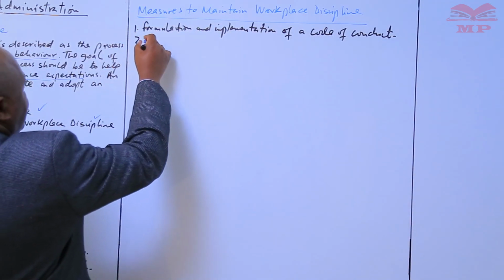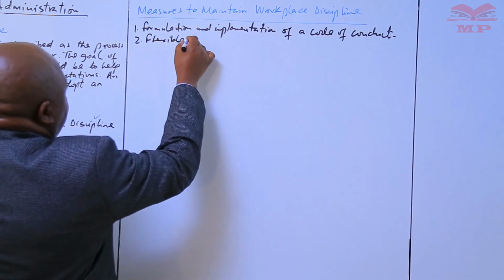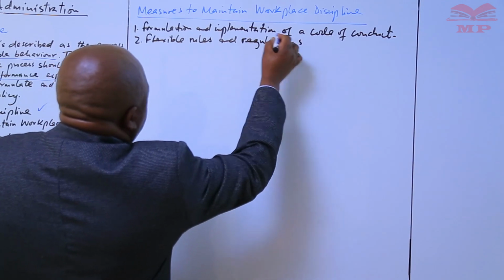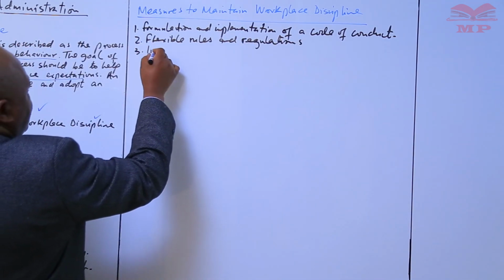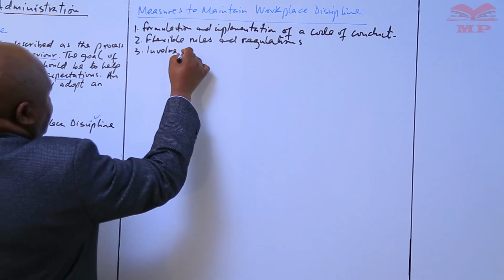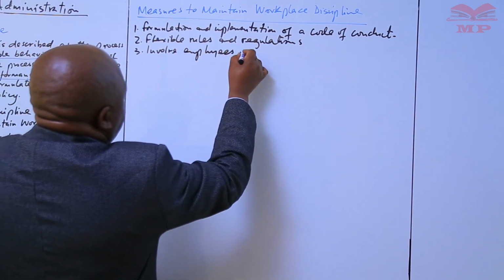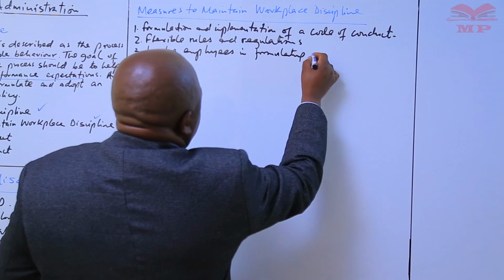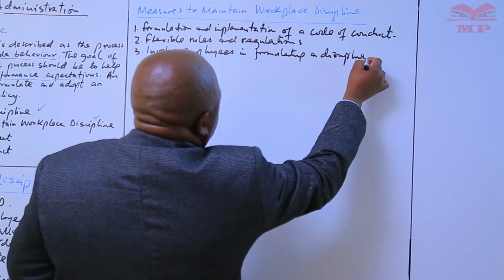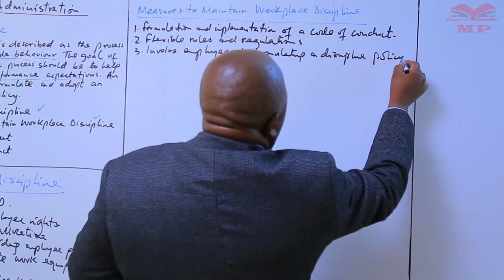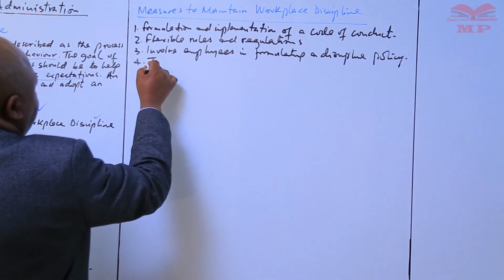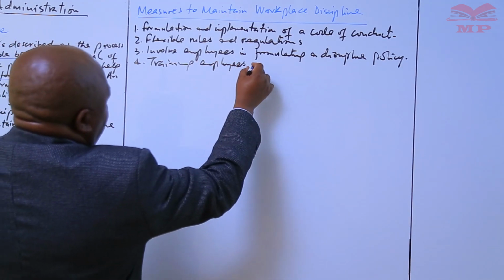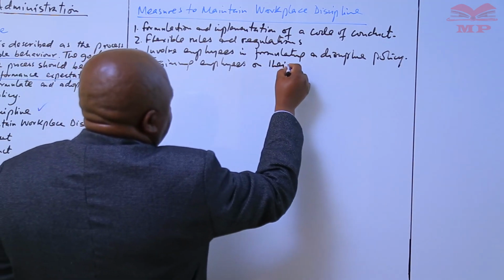Number 2, flexible rules and regulations. Number 3, you could also involve employees in formulating a discipline policy. Number 4, training employees on their duties.